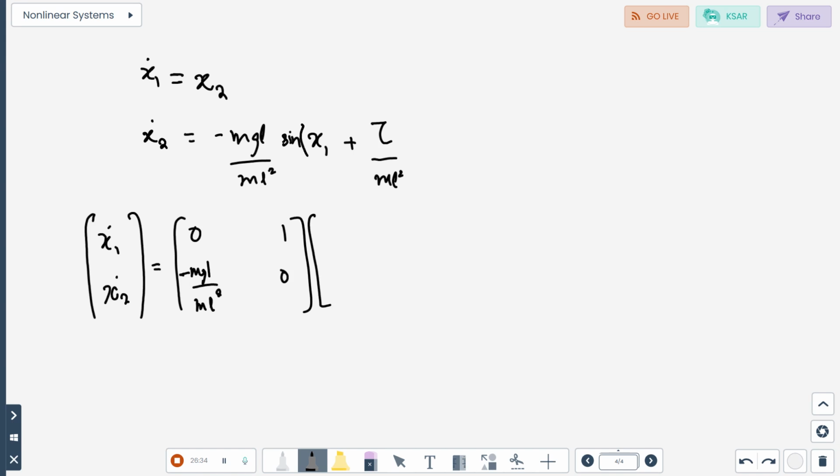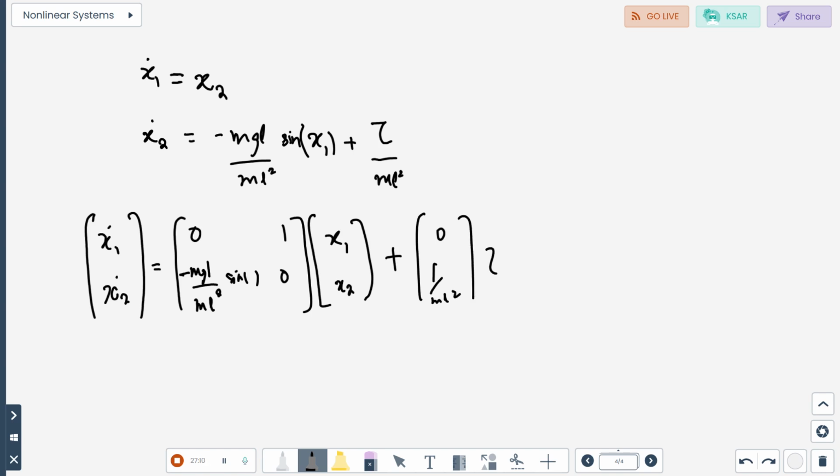What else we have here? We have here x1, x2, so this is actually sine of this term. Fine. So we cannot actually write it exactly like this. This I'm just showing for illustration. 0 and 1 by ml square of tau.